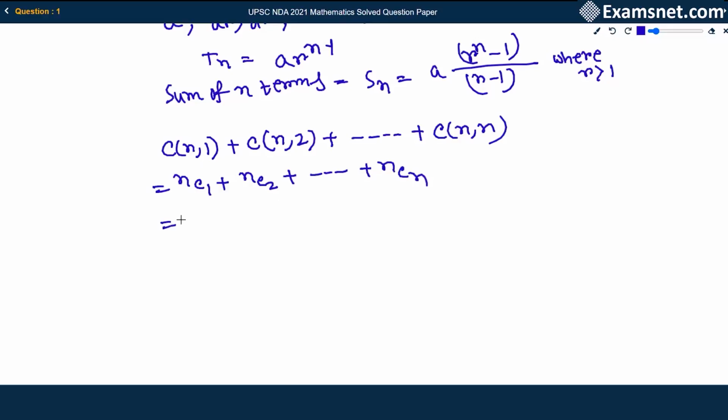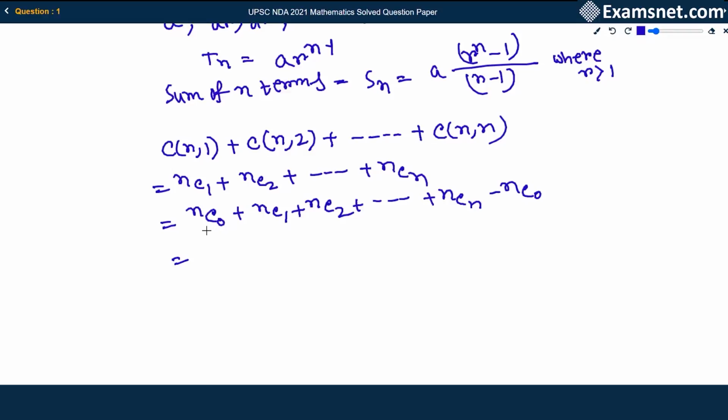Now I can balance this expression by adding and subtracting nC0.